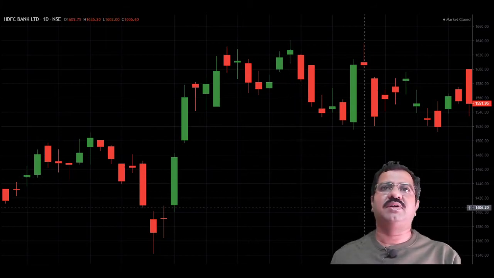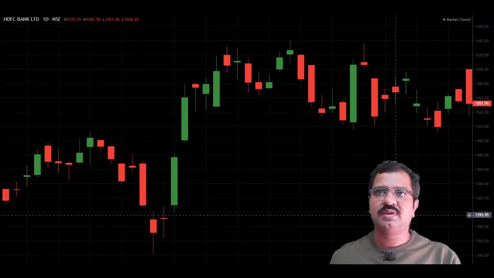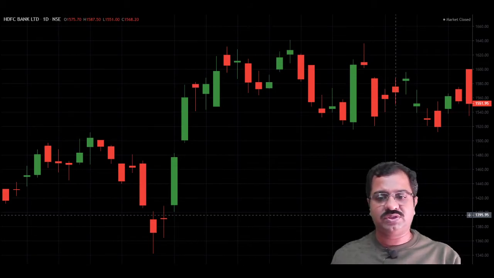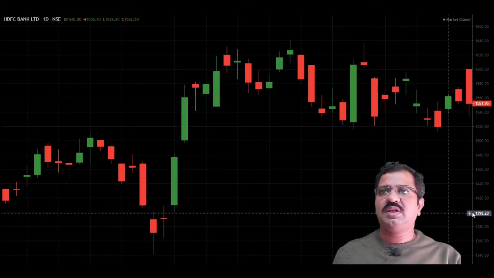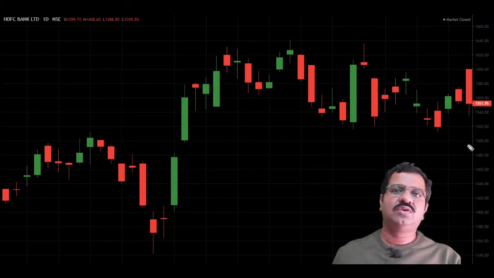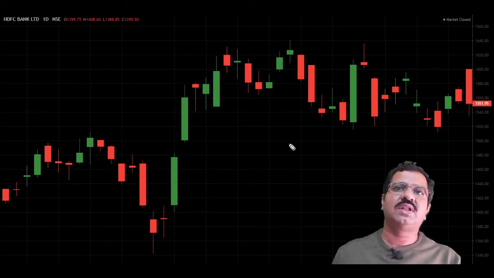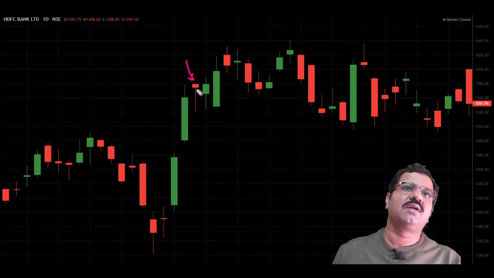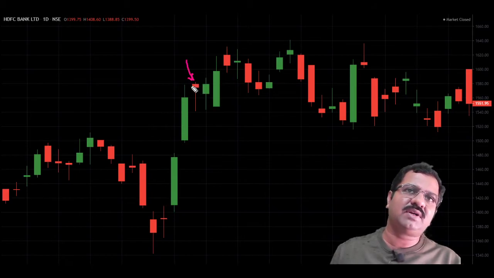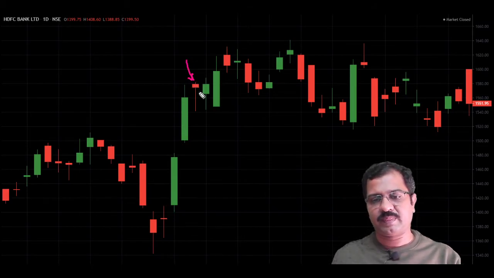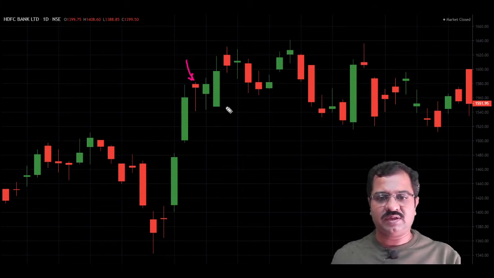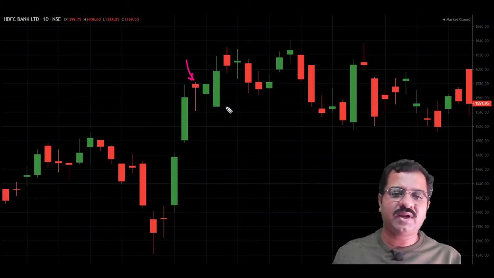Next is the hammer. What is a hammer? You saw dojis, right? You saw dragonfly doji and gravestone doji. But the only difference between a doji and a hammer is that the hammer looks like this. This is a hammer, because there is a little bit of gap between open and close. In a dragonfly doji, it is like this.